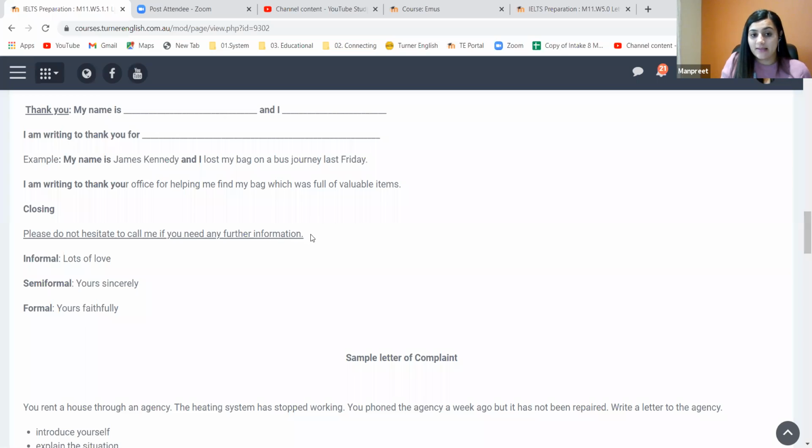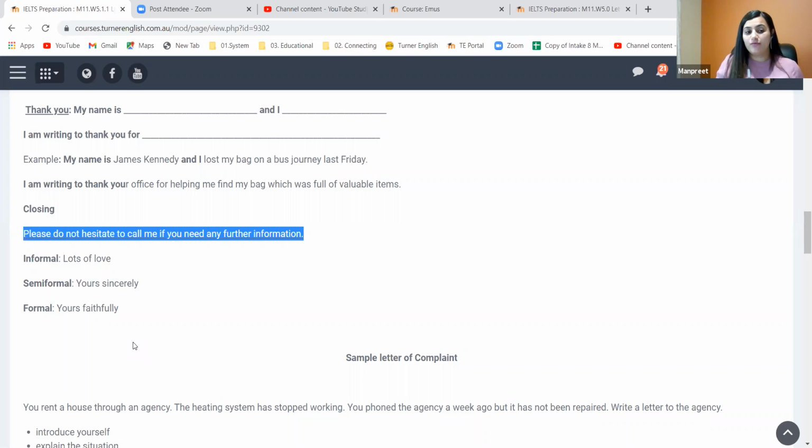And this is the signal close, which you can use for both formal and informal and different types. It can be a question, a complaint, a suggestion, any of that. So you can just use the signal close in any of the letters, except for informal.